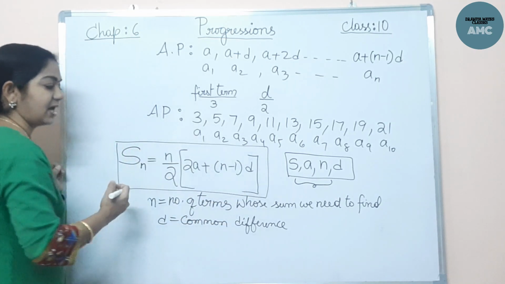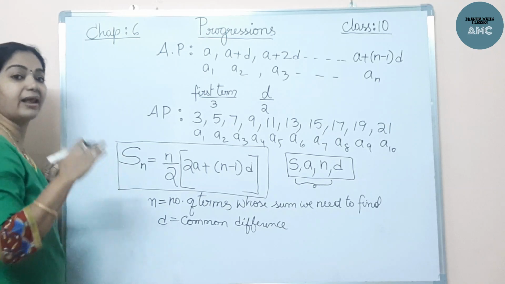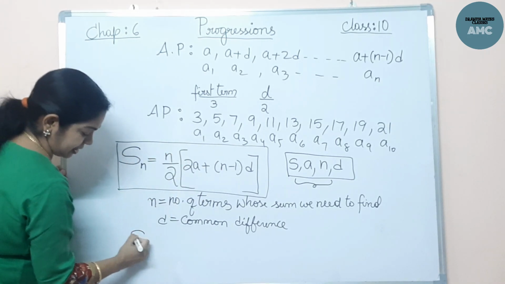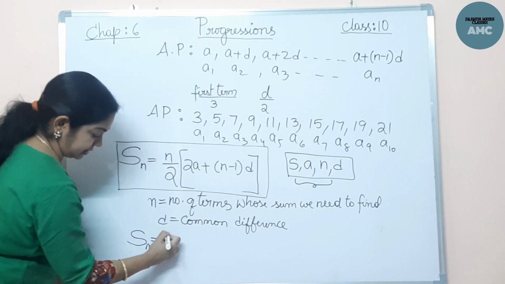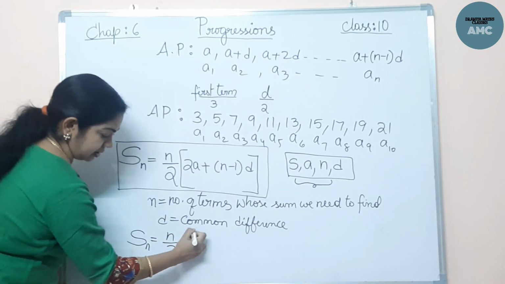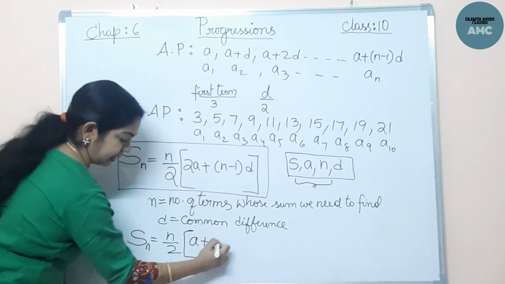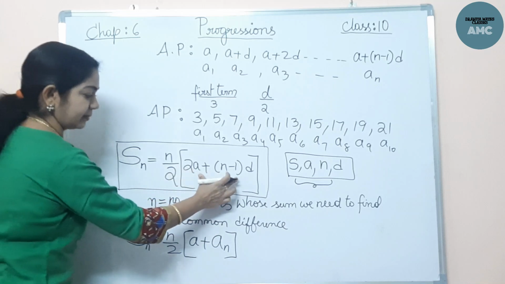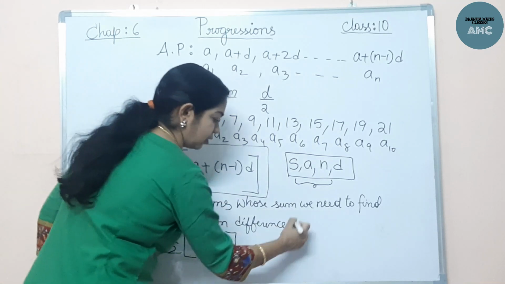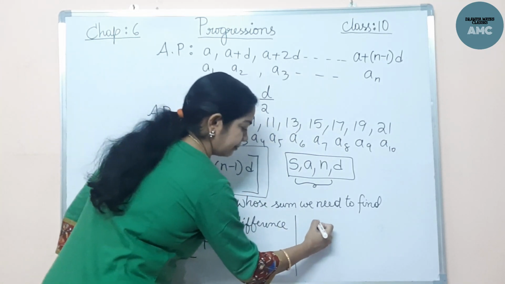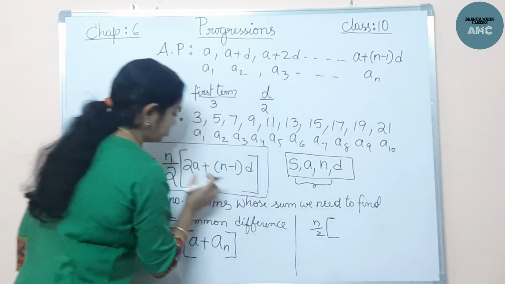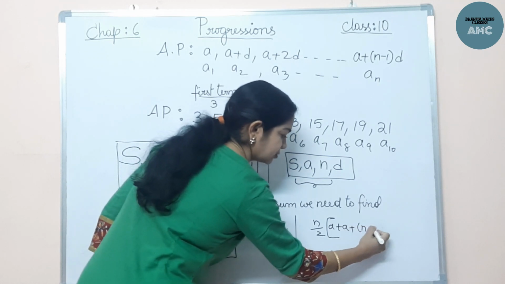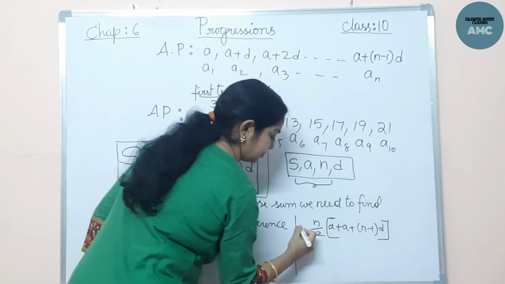So, from this, I can smartly draw another formula also. If I tell the sum of n terms is n by 2, A plus An. How did I get this? See the formula here. I got this when you have n by 2, 2A. 2A, I resolved it into A plus n minus 1 into D. Right.